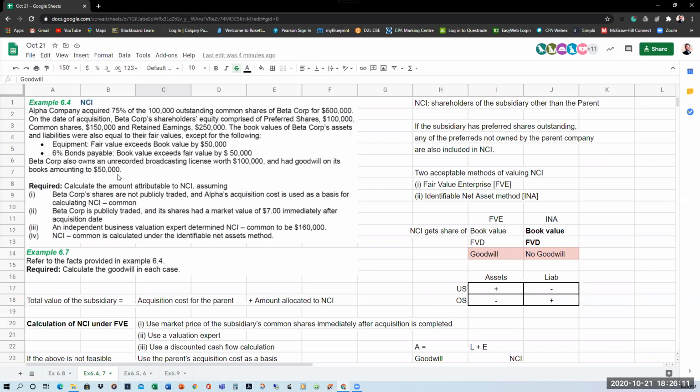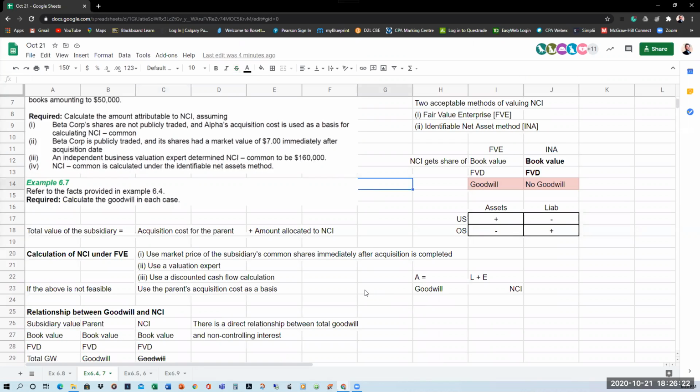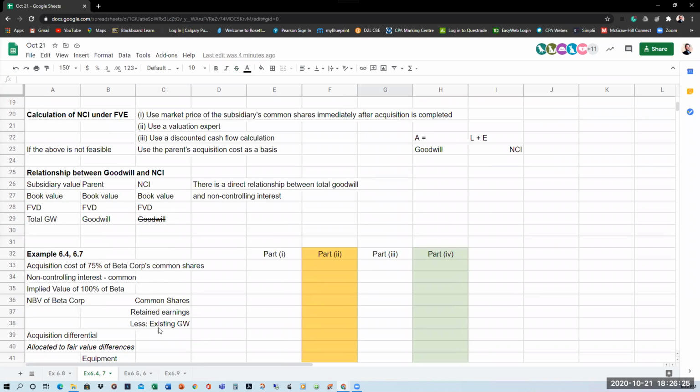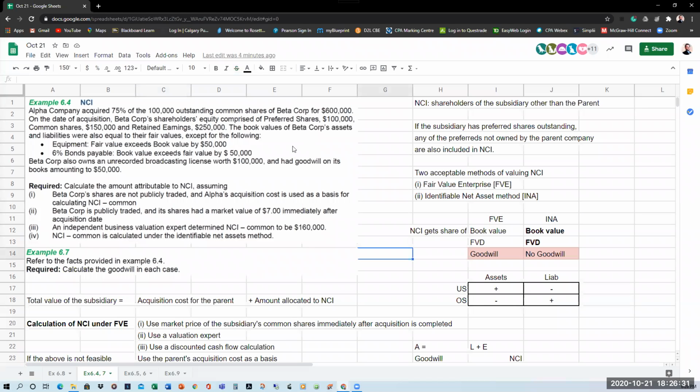It is assumed that any existing goodwill on the books of the subsidiary will, from the parent company's perspective at the date of acquisition, be charged against retained earnings. So the net book value of our friend Beta Corp will be $150,000 for common shares, $250,000 for the retained earnings, and this goodwill of $50,000 will be subtracted from the retained earnings, right? So it's assumed to have been charged off against retained earnings.